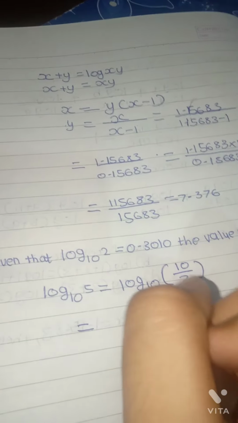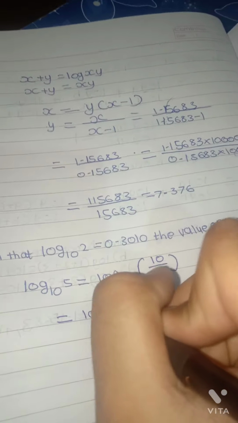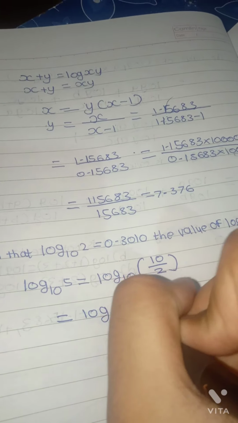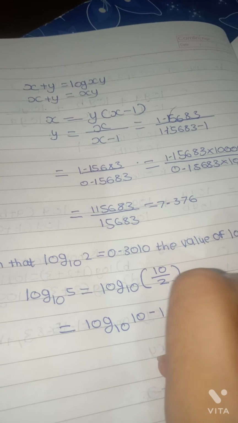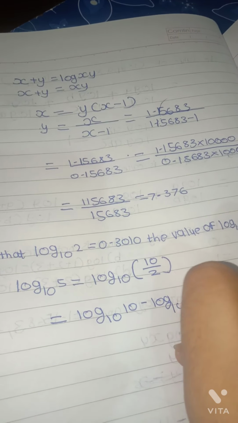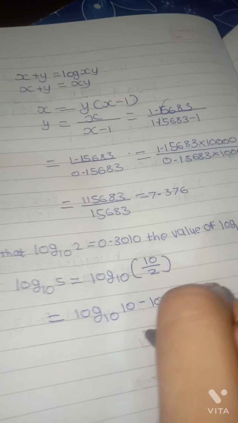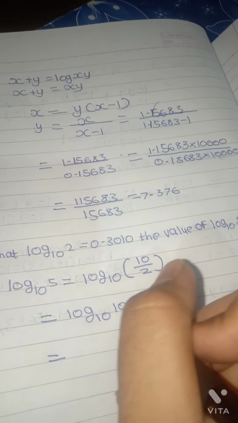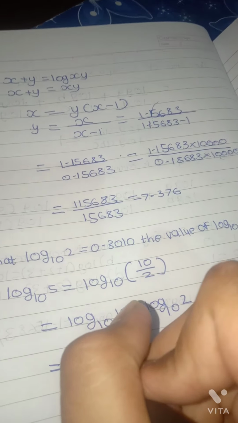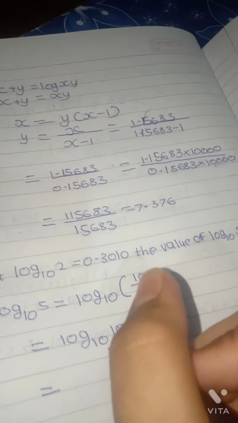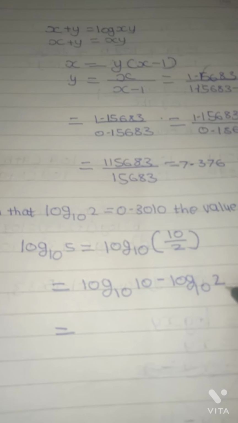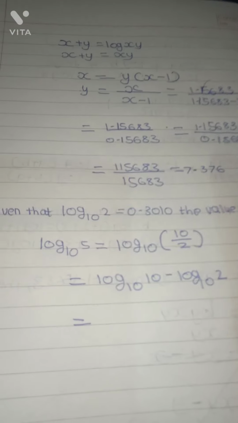So it will be equal to log base 10 of 10 minus log base 10 of 2. So log base 10 of 10 will be equal to 1 by the property log base n of n will be equal to 1.